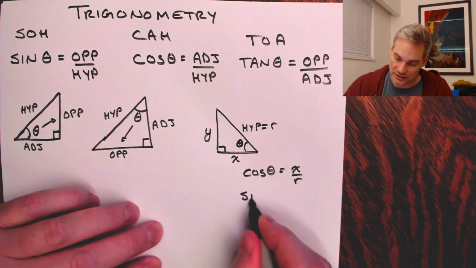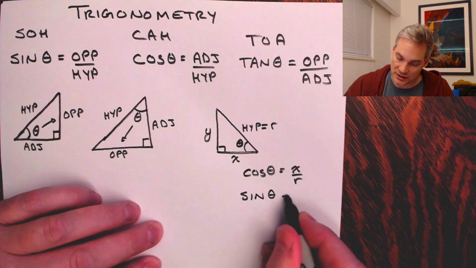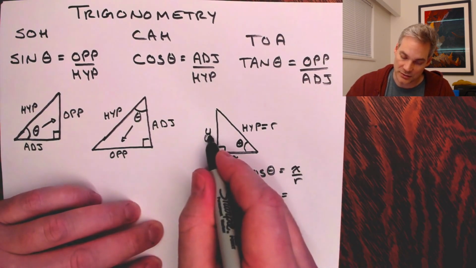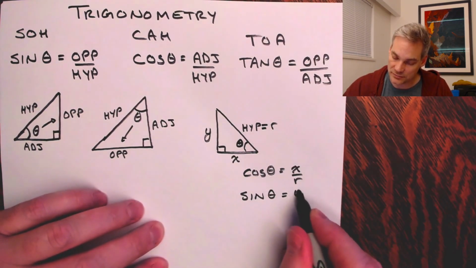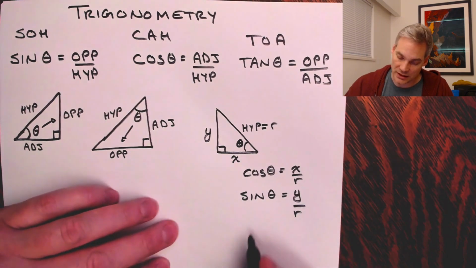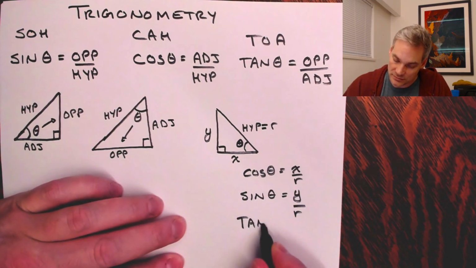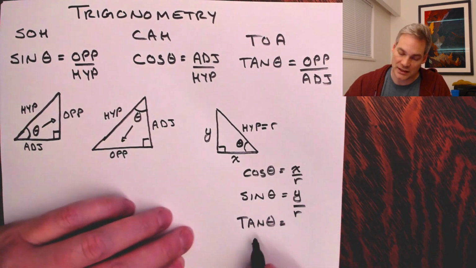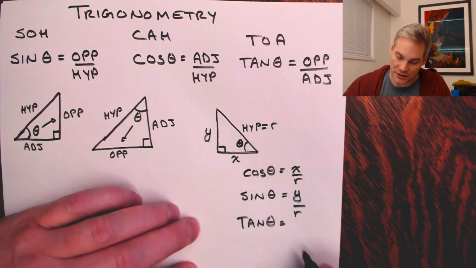And the sine of this angle theta is the opposite, y over r. And the tangent of theta is y over x.